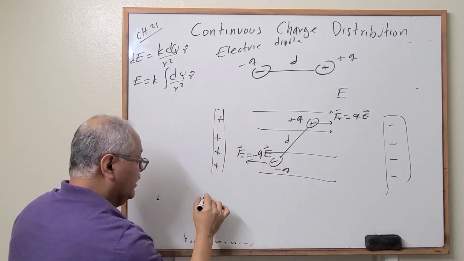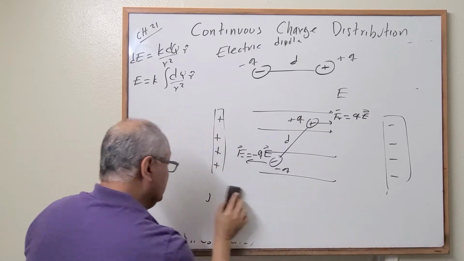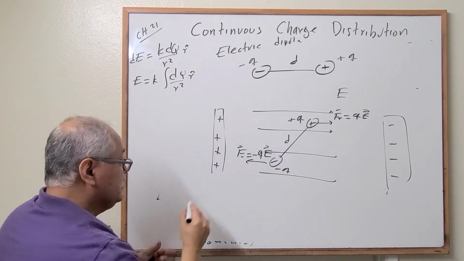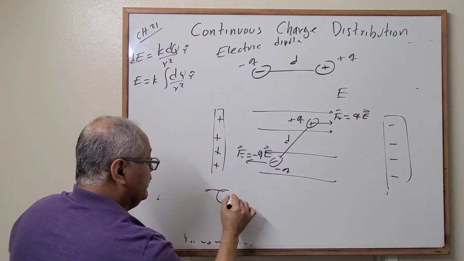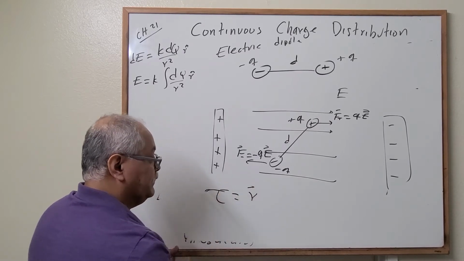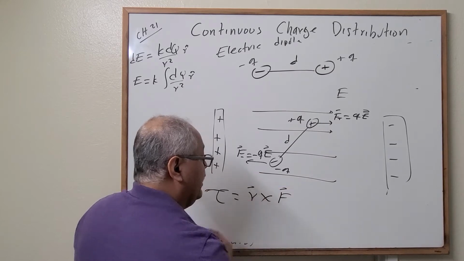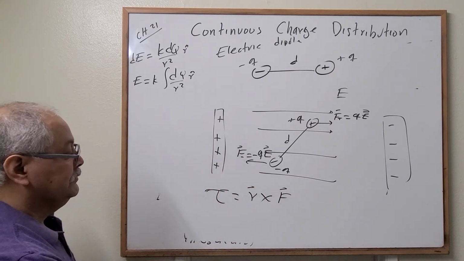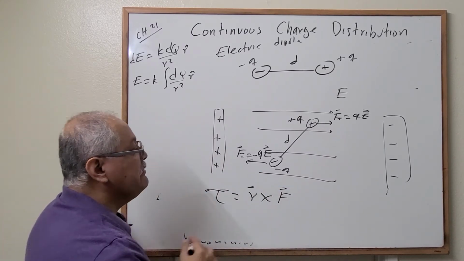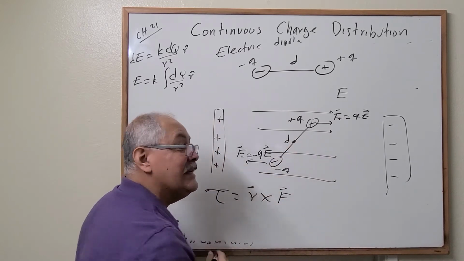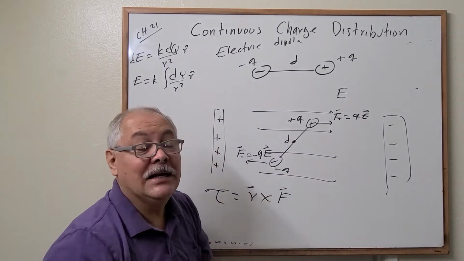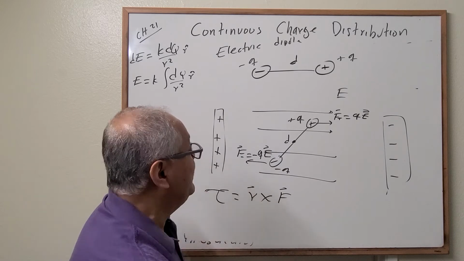Well, remember, the symbol is tau for torque. Tau equals the cross product of the lever arm times the applied force. But in this case, imagine that it rotates about the center, let's say the center of mass. Perfect.